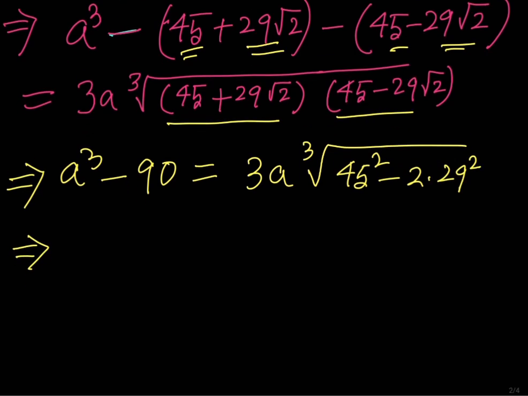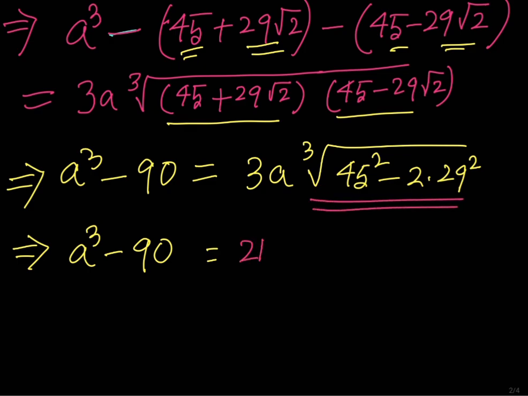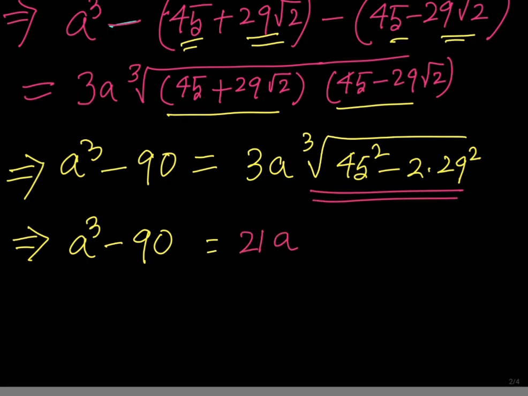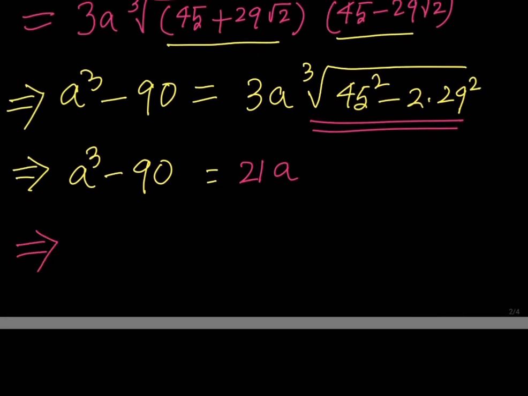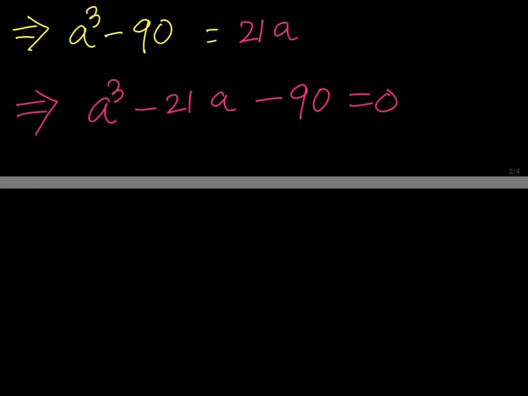If you simplify this, you will get a cube minus 90 equal to this, and this term will actually be 7, so that is 21a. So this implies that a cube minus 21a minus 90 equals 0.